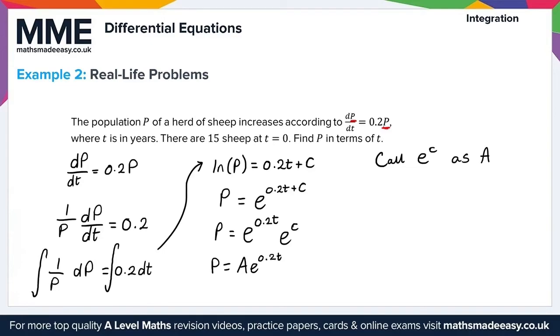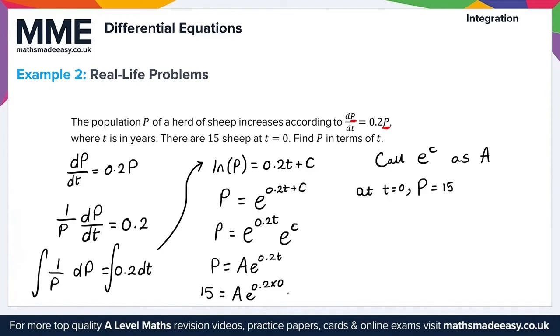What I want to do now is use our boundary conditions here. So the idea that there's 15 sheep at t equals 0. Okay, so at t equals 0, we know there's 15 sheep. So that means p is equal to 15. So therefore, what we've got here is 15 is equal to a e to the 0.2 times t, where t is equal to 0.